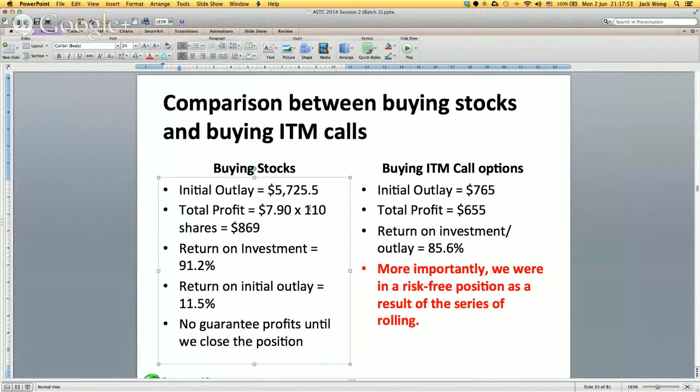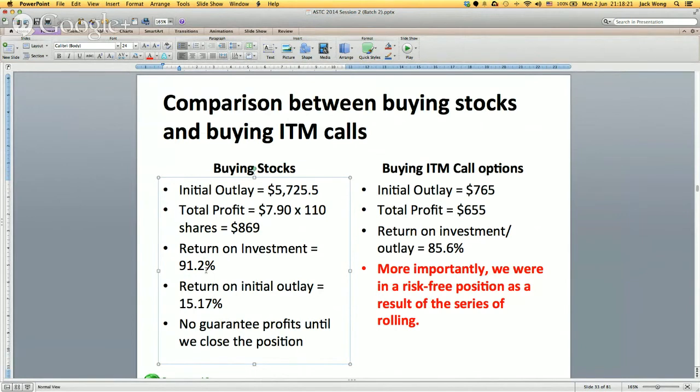The return on investment is 869 divided by 5725.5. Hang on for a minute. The return on investment should be on the initial outlay. It simply means the profit divided by the amount of money that I have to put up to have this trade.